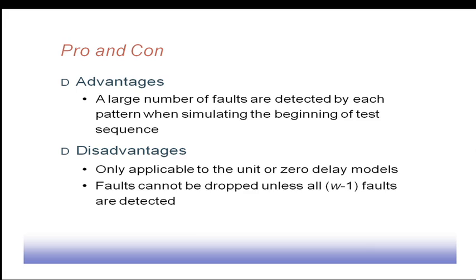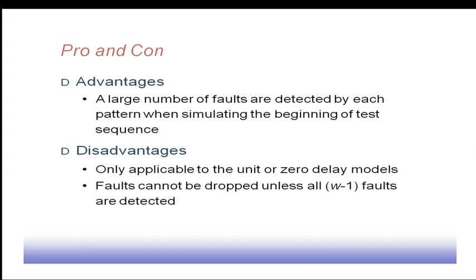Second important problem is that the faults cannot be dropped unless all W-1 faults are detected. Because of the structure of the processor word that we are using, we are putting W-1 faults in it. So there is no point dropping a fault here, because anyway you will be doing W-bit logic operations over these bit patterns.